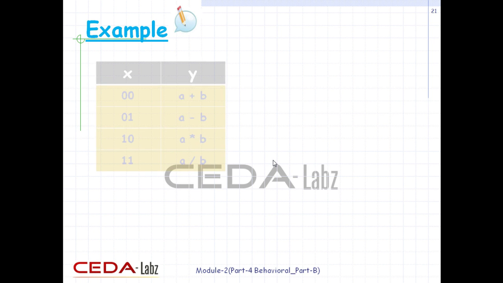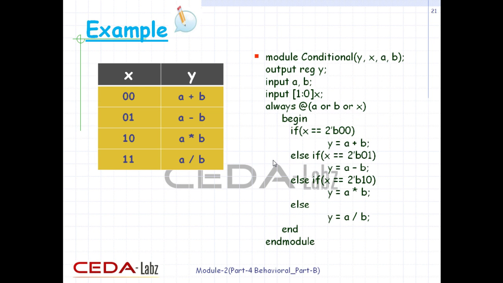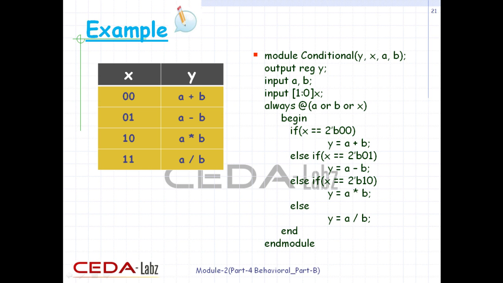So, when writing the design code, after all port and data type declarations, we will start with always, and in the sensitivity list we will mention all the inputs a, b, and x. Always is followed by begin, and then we will mention these cases via conditional statements. So, if followed by the first condition, x is equal to 2'b00, y should add the values of a and b.